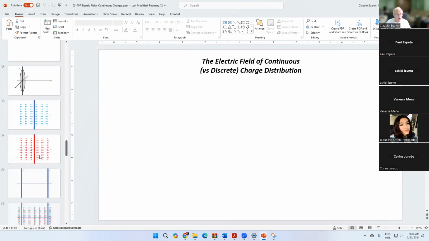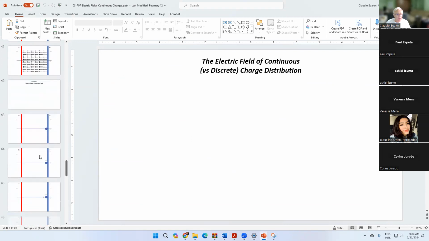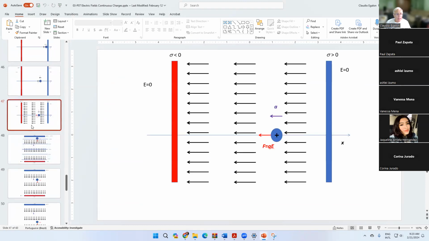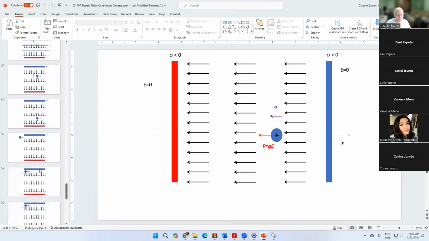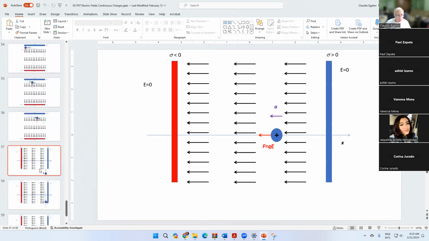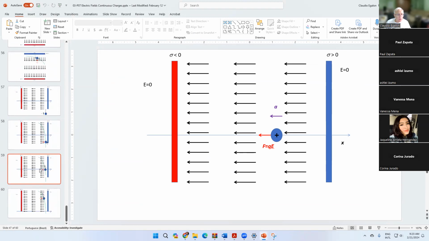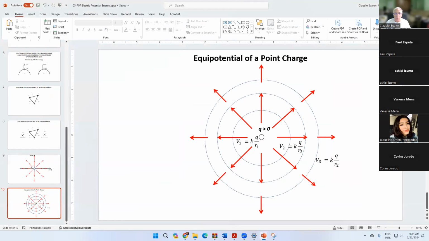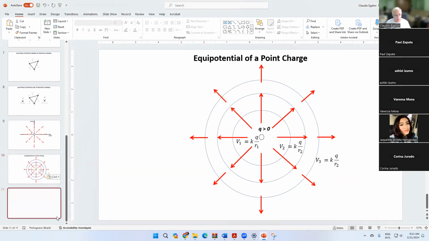Remember that the electric field of a large plate generates a uniform electric field, like this one. I want one without the charge there. Okay, I will copy this one and paste that here.